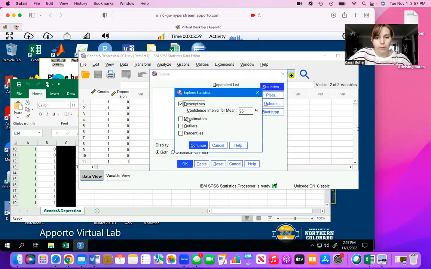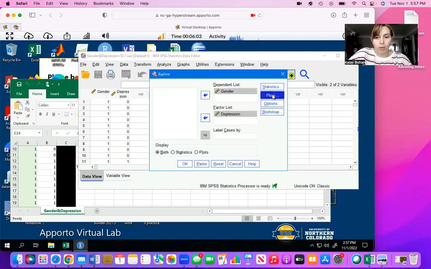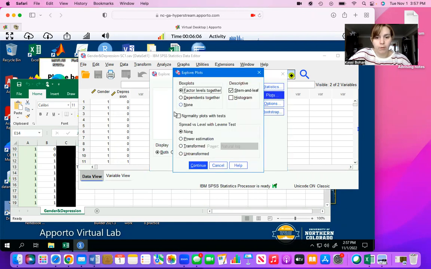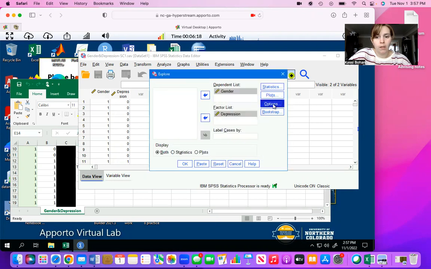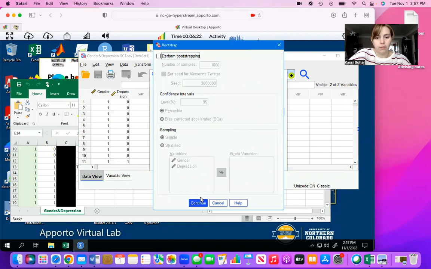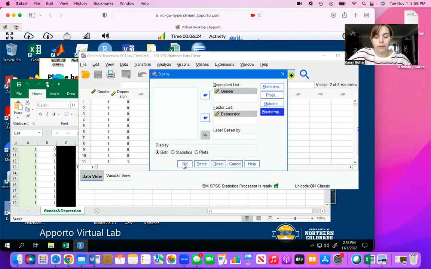I'm going to check all my settings. I want to plot for normalcy. I also want the histogram. All right, looks good. Bootstraps don't really do anything, but we don't use it.